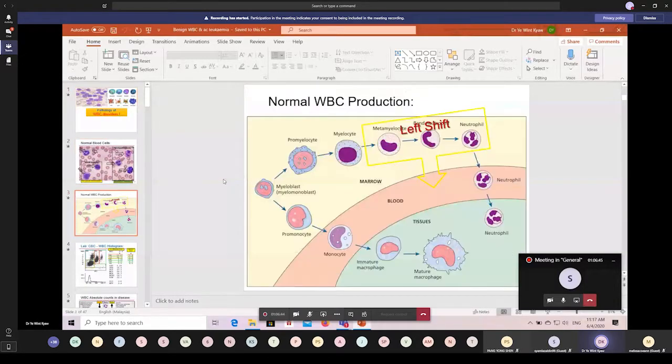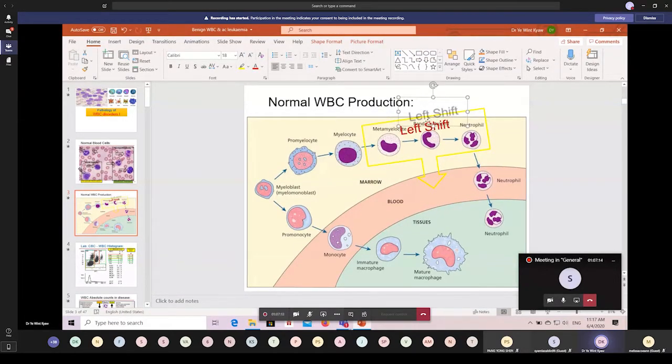If the neutrophil count is too high, left shift means you can see immature cells like band forms and metamyelocytes in the blood film. So neutrophilia, neutrophil leukocytosis with left shift. Left shift means band forms. If you see band forms of neutrophil in the blood film, it's called left shift.